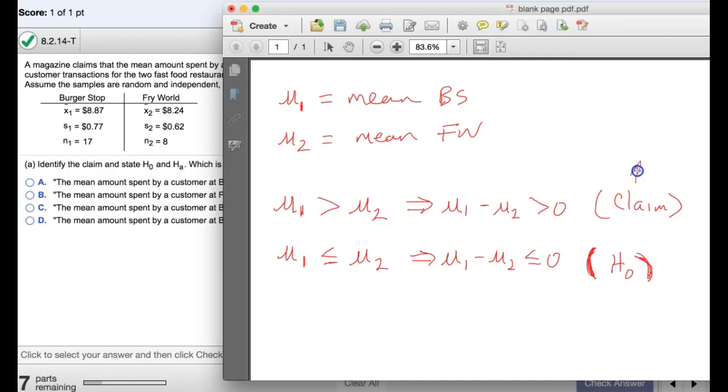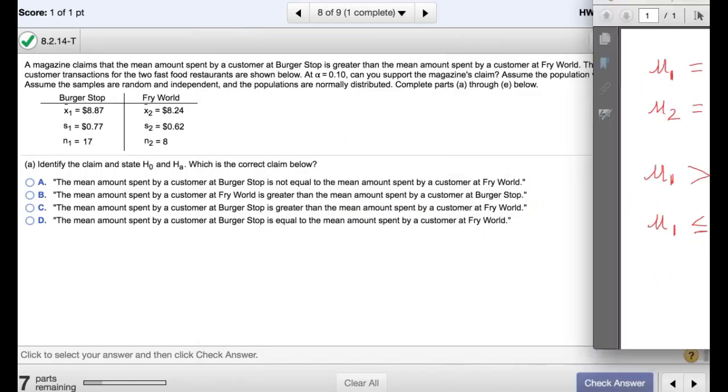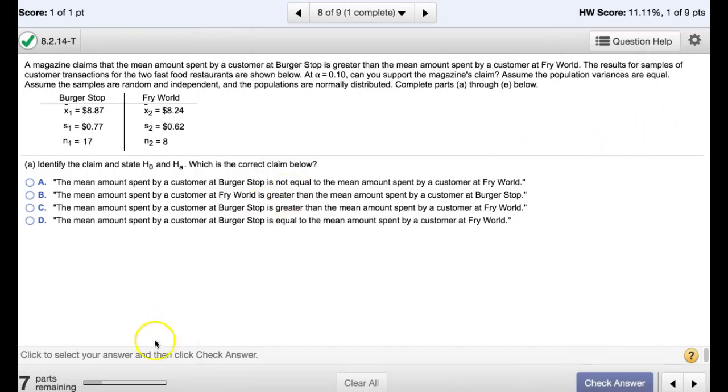That means our alternative hypothesis will end up being what our claim is. That's the first couple of pieces of information we need to know here. So I'm going to move this out of the way and now answer these questions.